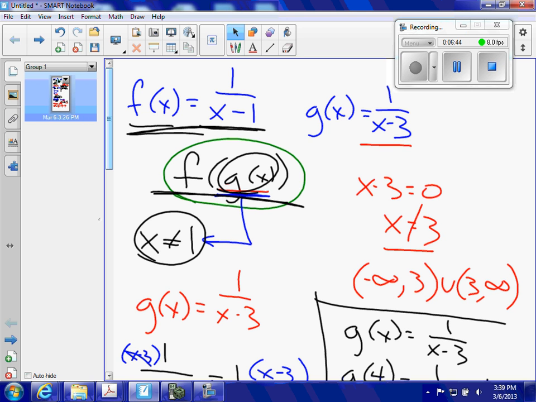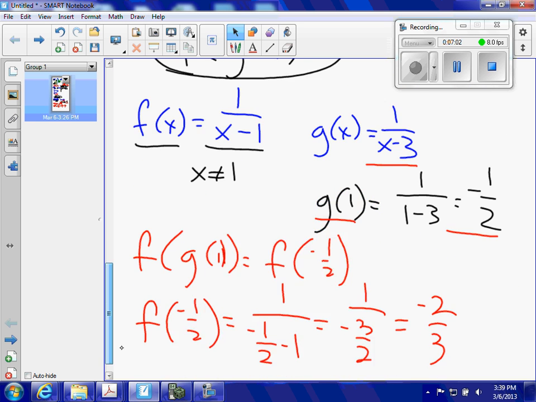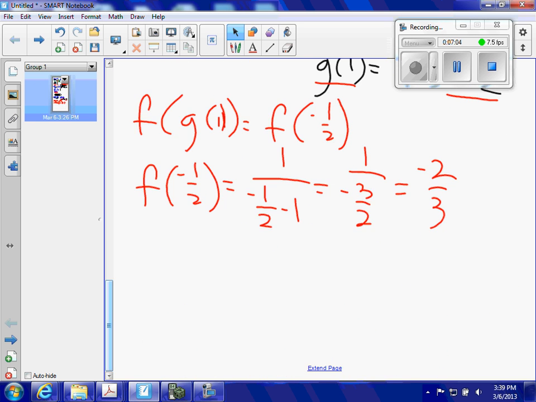Composite function: look at the inside one first, look at the outside one second, and make sure that you set the inside one equal to the restrictions of the outside one, and then that's what's not allowed in your domain. So in this case, just to sum this up, the two numbers that are excluded from our domain are: x cannot be equal to 3, and x cannot be equal to 4.